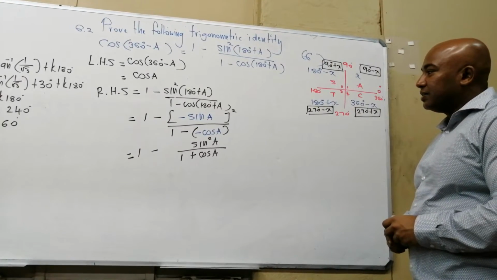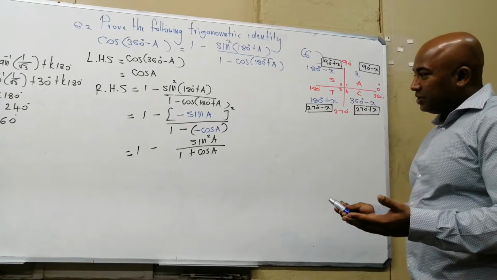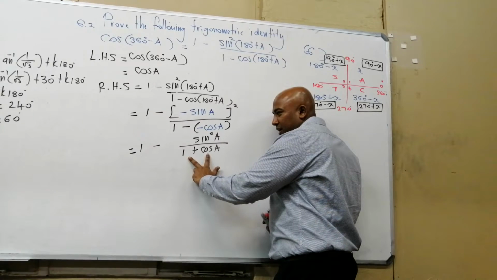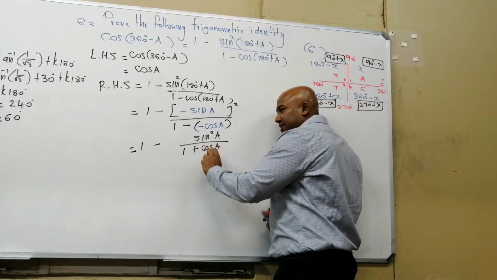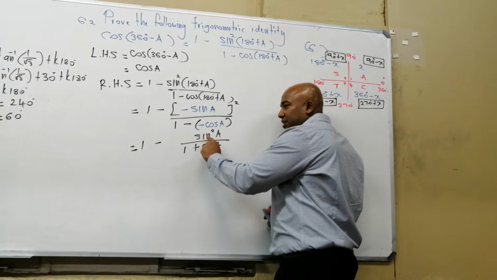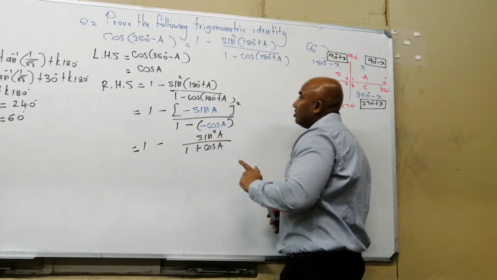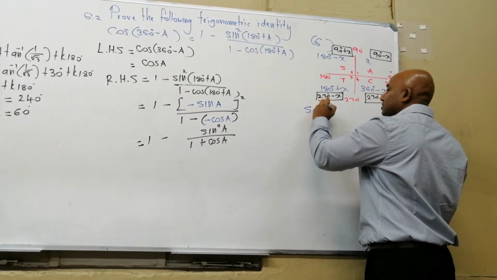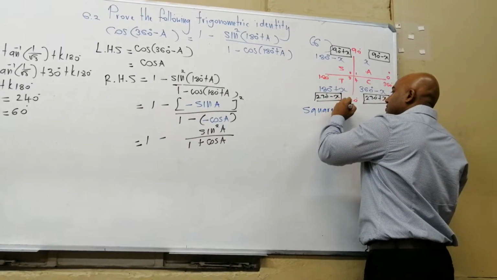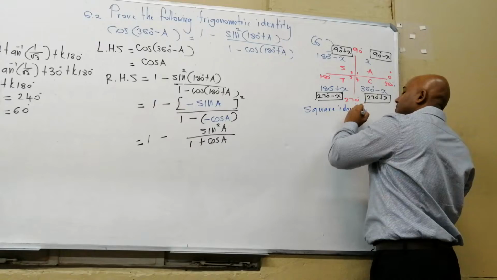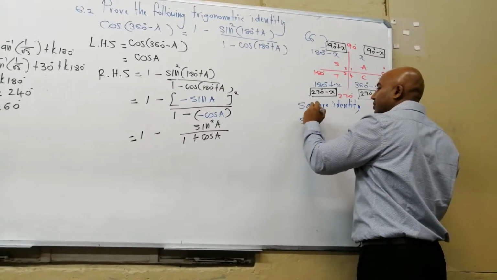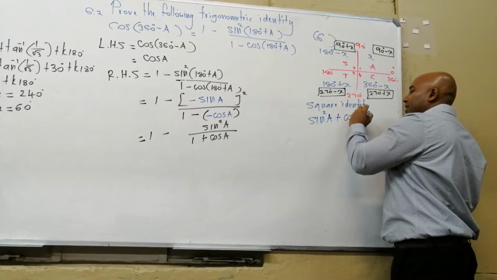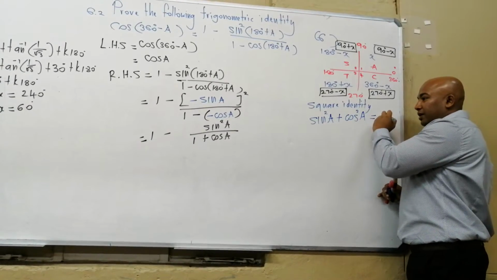What can we do here? What we can do is, we notice that this is 1 plus cos A and the numerator is just sine squared. So from our square identities, we know that sine squared A plus cos squared A is equal to 1.